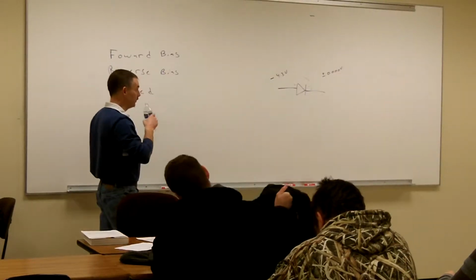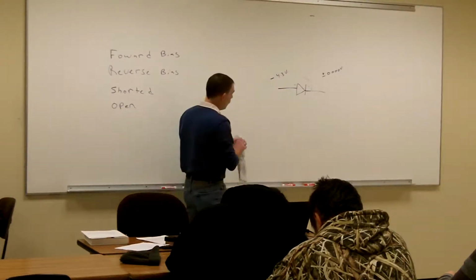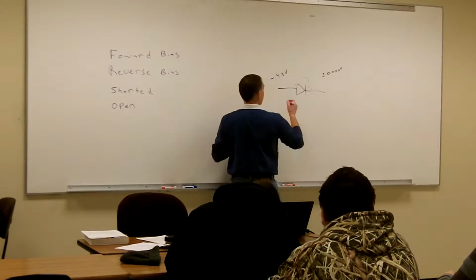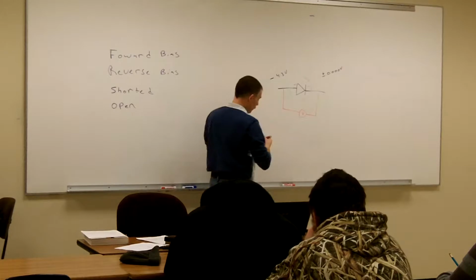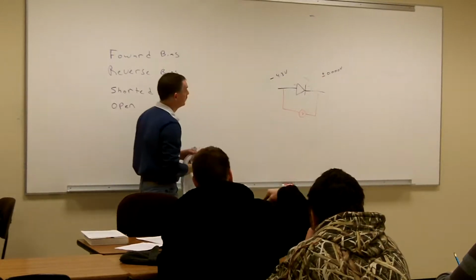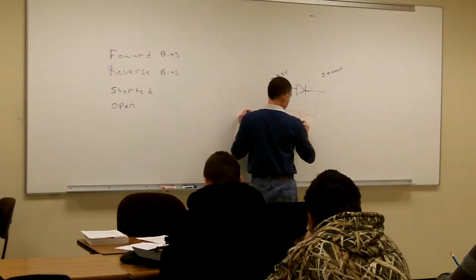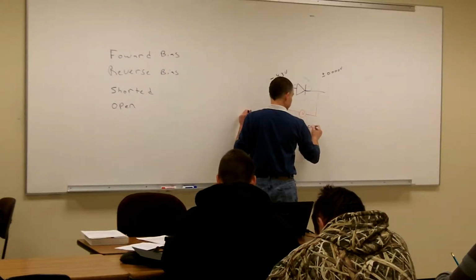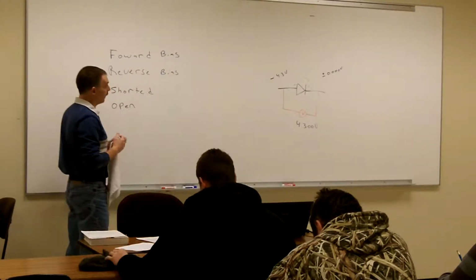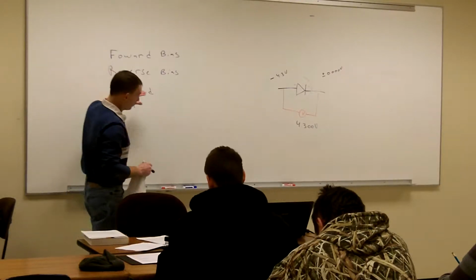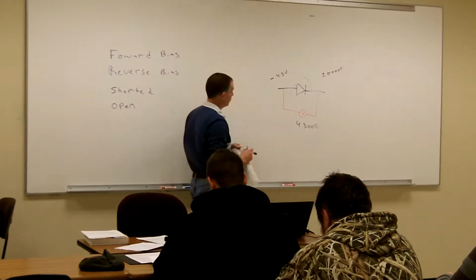And what's my source voltage? All we're looking for is just the voltage drop across the diode. So what would be my voltage drop across the diode? Negative 4.3. Yeah, it would just be 4.3 volts. There are no polarities because it's just a voltage drop. Remember, only test points have polarities. So it would be in a reverse bias, act like an open, and then it would drop my source voltage.